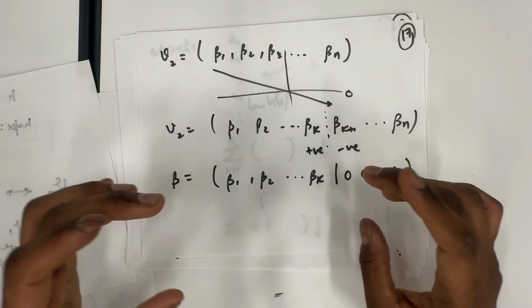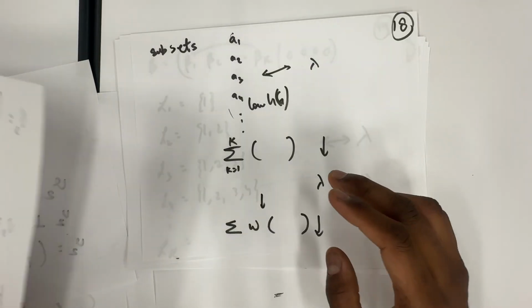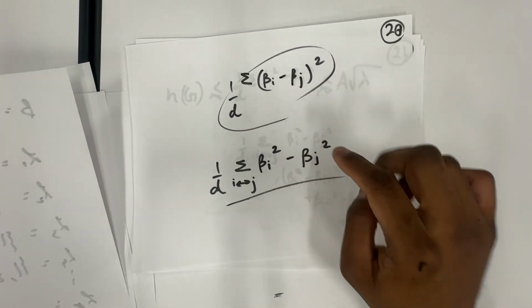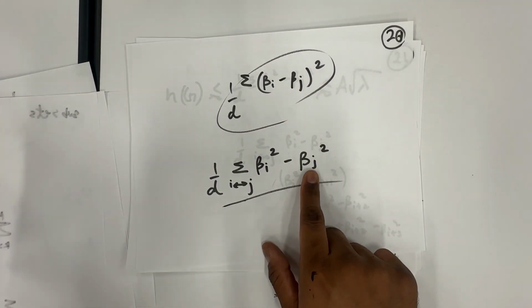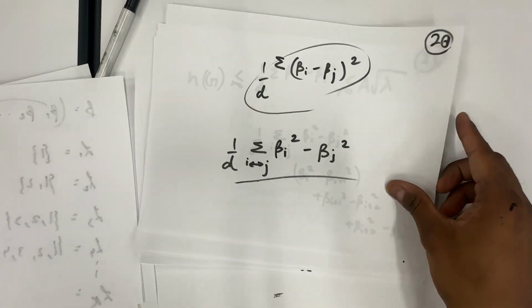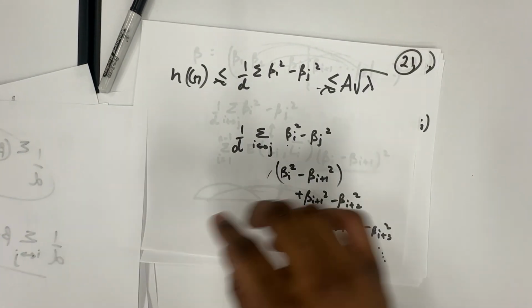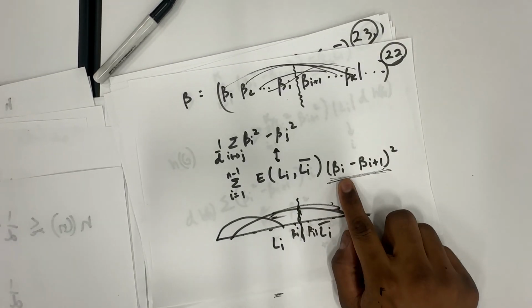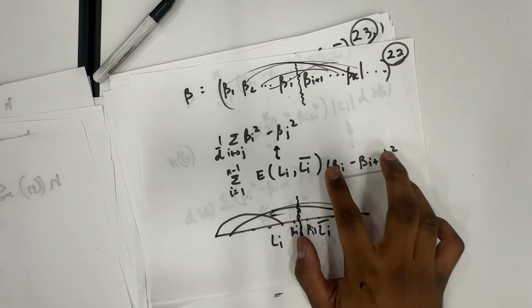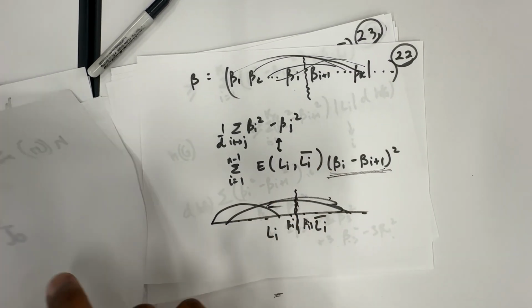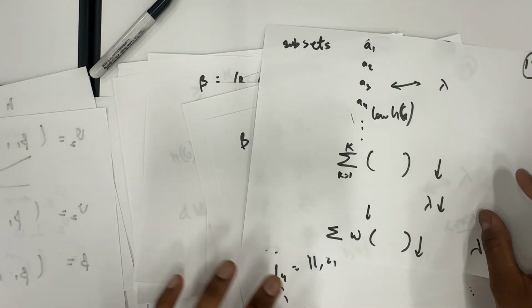Now what we did was use this beta and an intermediate quantity, beta i square minus beta j square, to reason about a weighted average of all of these sets. And what was that weighted average? The weighted average was precisely beta i minus 1 square. Like this was the weight and this was the expansion of that set.